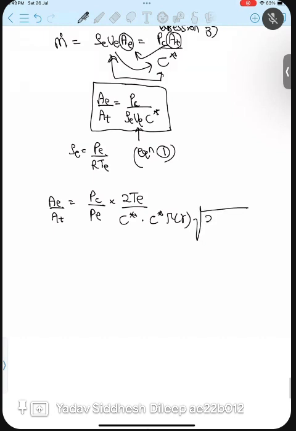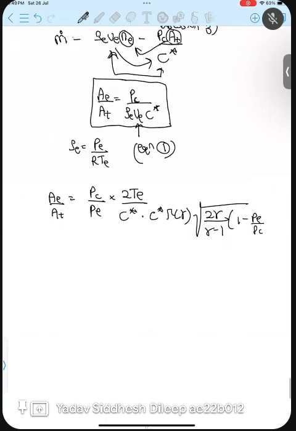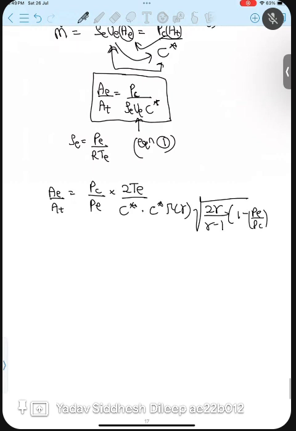Under root 2 gamma upon gamma minus 1 into 1 minus P by PC raised to gamma minus 1 by gamma, with RTC under the root. Basically we can write this root RTC as C star into gamma of gamma from here.